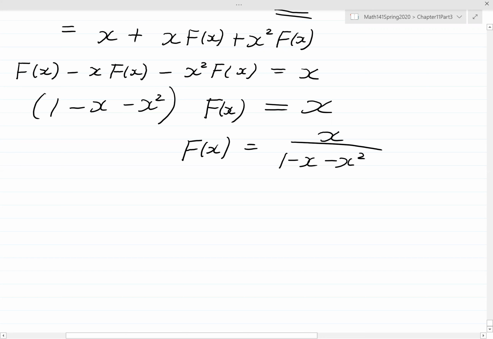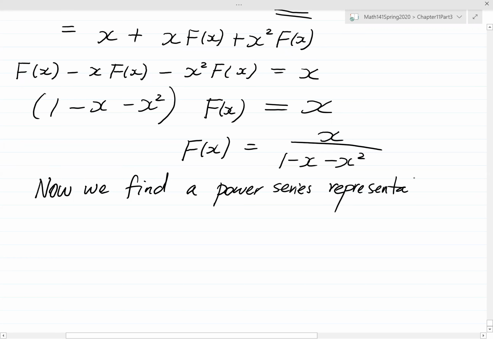Now we find a power series representation of F(x).